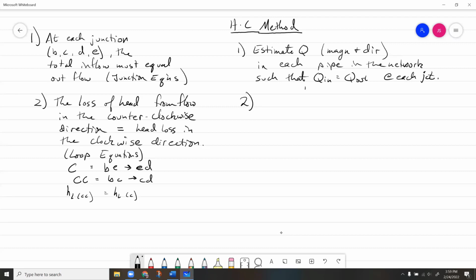And that results in n-1 junction equations, right? If we have n junctions, then we have n-1 junction equations.